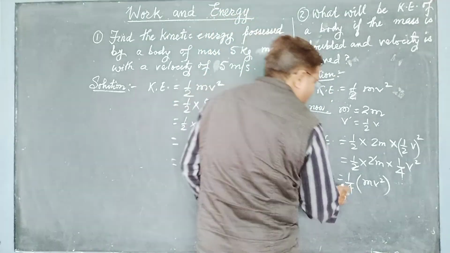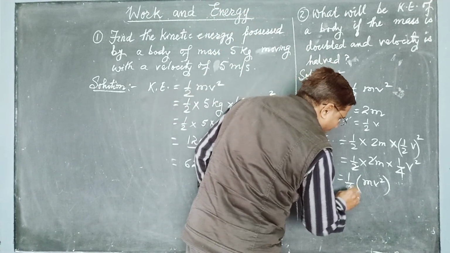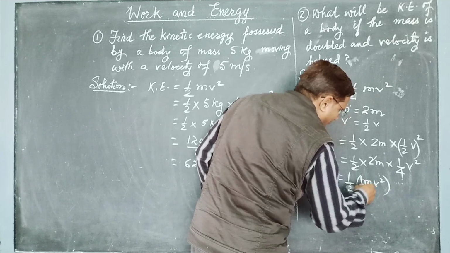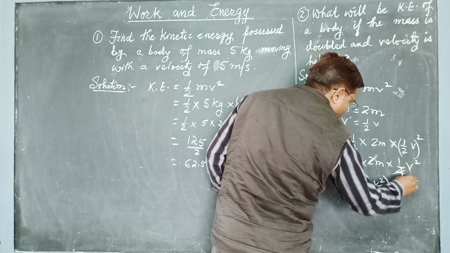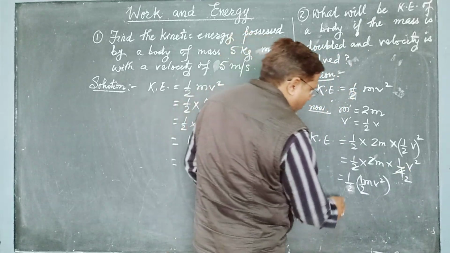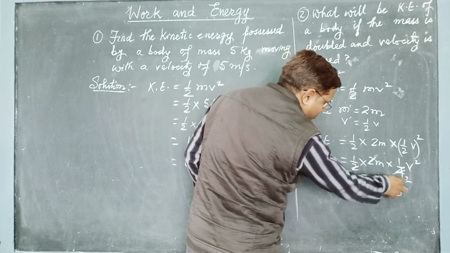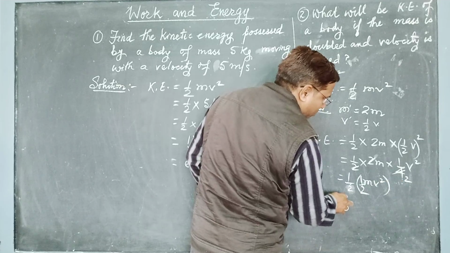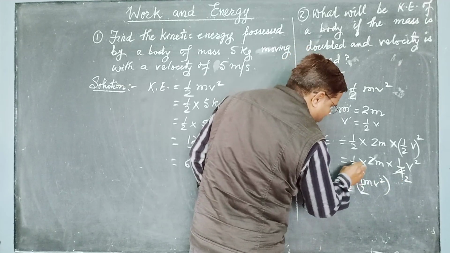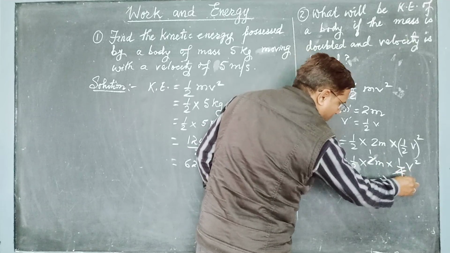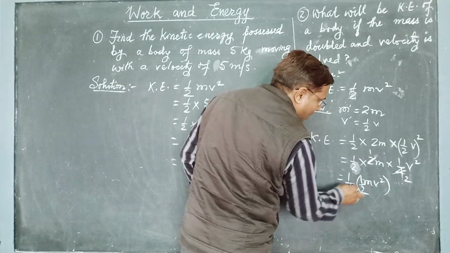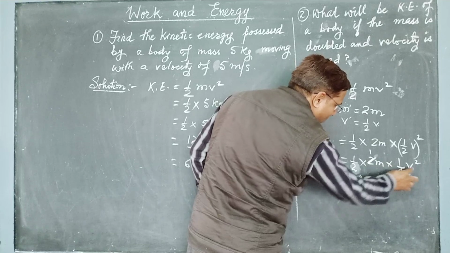Or we can write in this way also. 1 by 2 you keep and half you keep inside. This 2 I leave here only. 2 into 1 by 2, 2 into 4, you cancel. So what will we get? This 1 by 2 will be out. This 2 1 2, 2 2 4. So this half will be here and here what is 1 by 2 mv square.